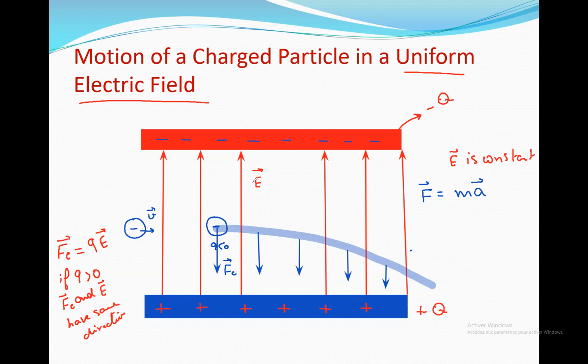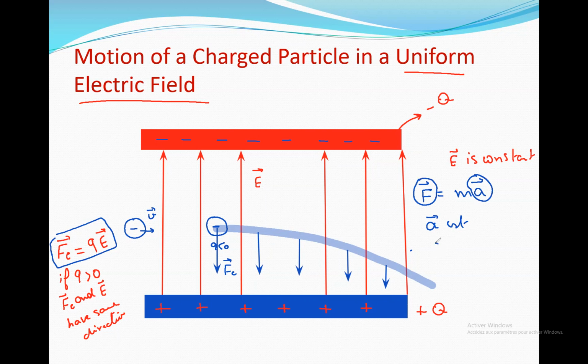E is constant by this equation. If E is constant, Q is constant, so Fe is constant. If F is constant, so the acceleration must be constant. Second, as we have a constant, we can use in this case the kinematics equations.